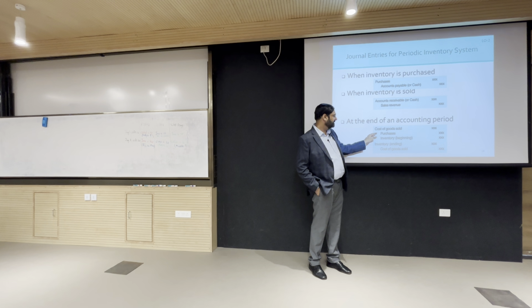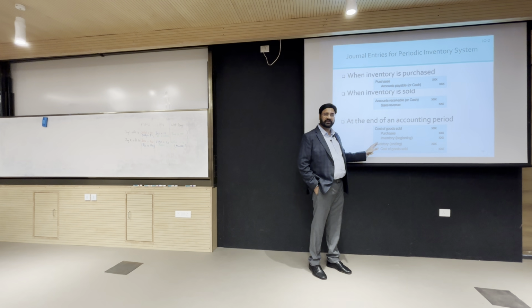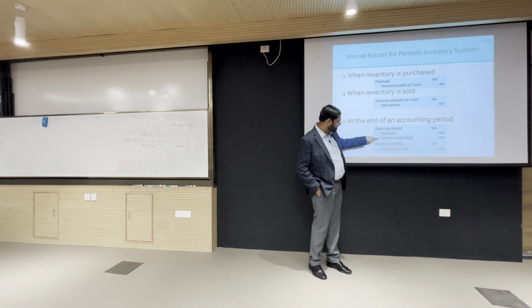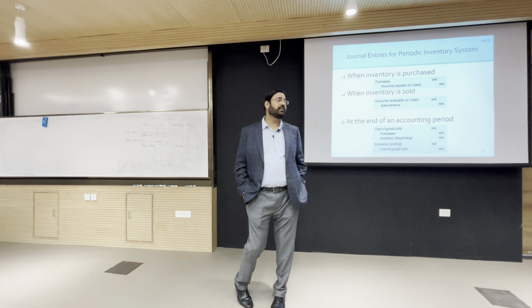Are you seeing it? So cost of goods sold is debited, purchase and inventory opening stock is credited. Finally, closing stock is debited and cost of goods sold is credited. Are you seeing that? And why is it making sense? The same thing. Opening stock plus purchase minus closing stock represents the net cost of goods sold. Right? Next.